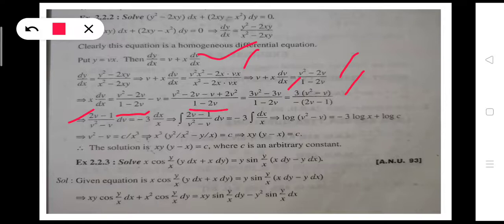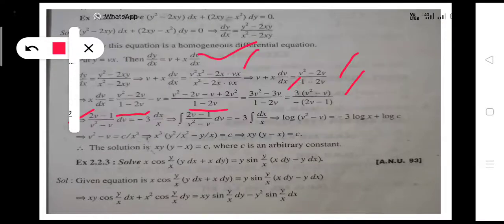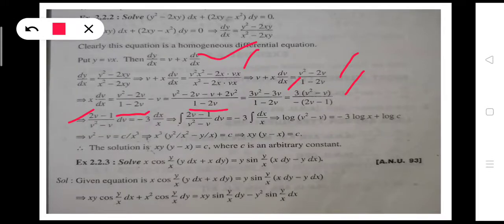Here the derivative of the denominator lies in the numerator, that is the integral in the form of integral of f dash x by f of x dx, which is equal to log f of x. So you can write it as log of (v square minus v) is equal to minus 3 log x plus log c.